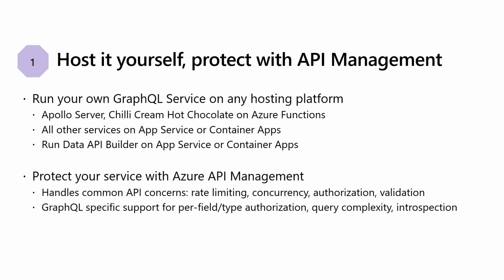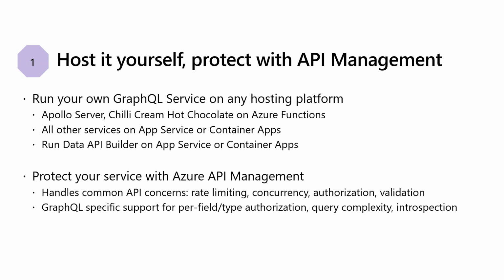You can run your GraphQL service on any of our hosting platforms. Now, Apollo Server and Chili Cream Hot Chocolate have explicit support for Azure Functions so that you can run your GraphQL service serverlessly. Everything else can run on anything from a VM up to an app service, container apps, Kubernetes service.